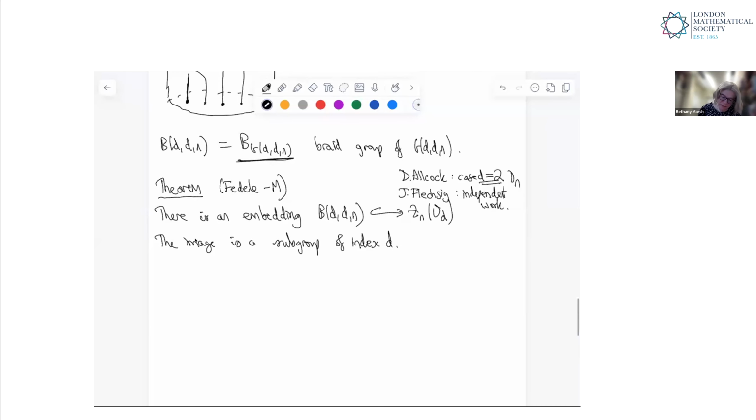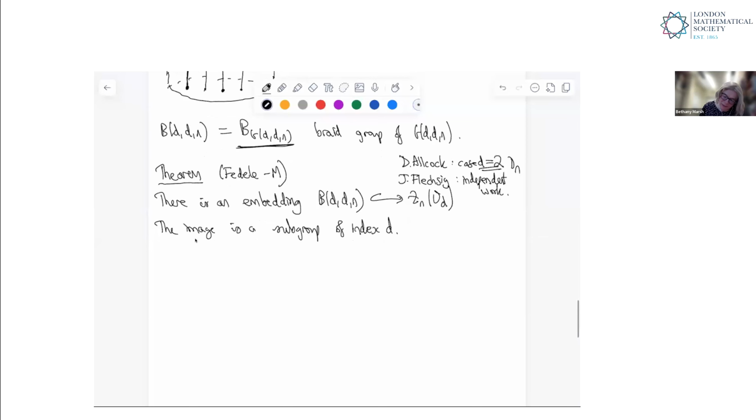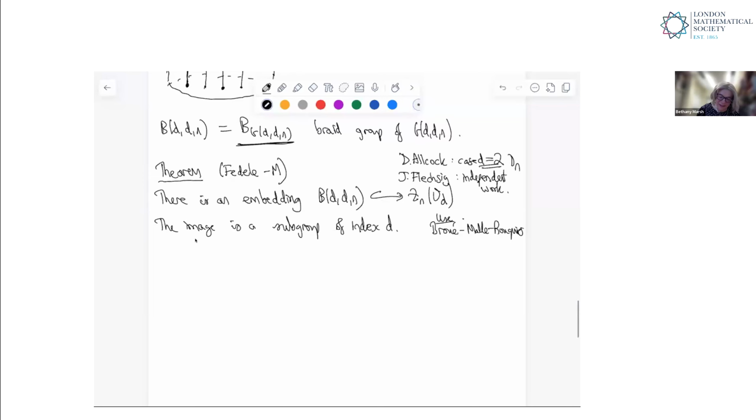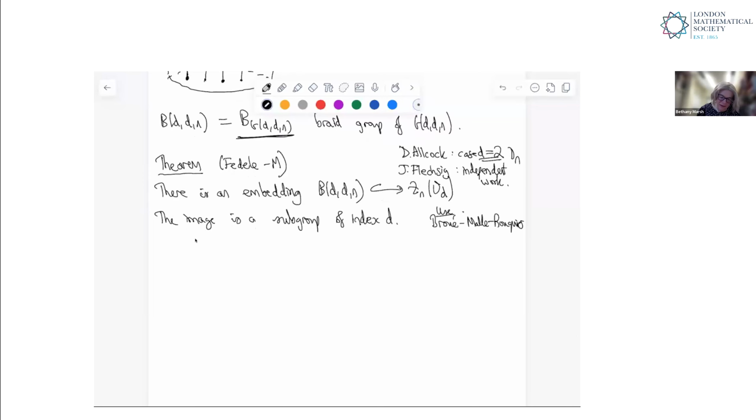And the basic idea, there's actually an important paper by Broué-Malle-Rouquier, who really define these braid groups of complex reflection groups very carefully and analyze them and in fact give presentations. So I give one presentation for each one. We use that quite intensely in our work.